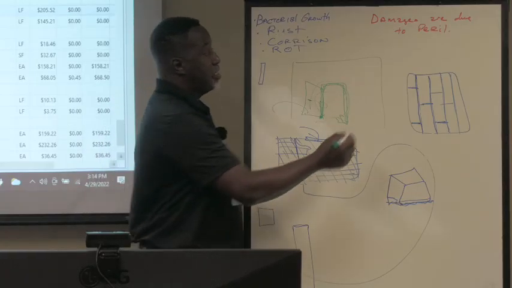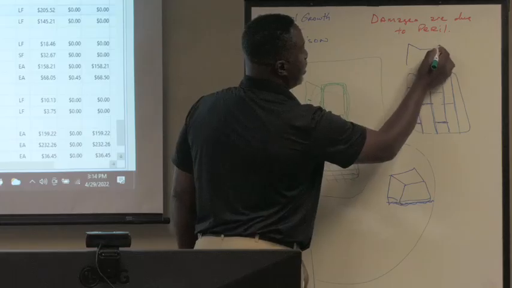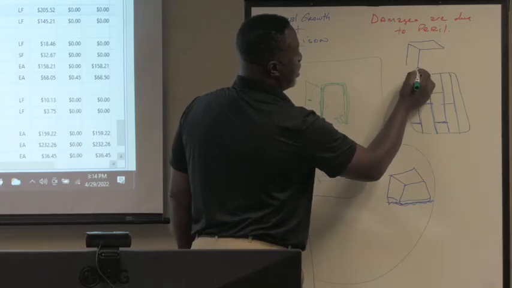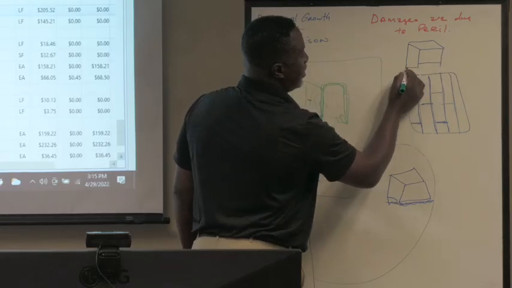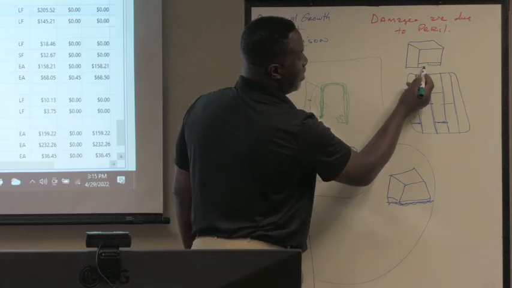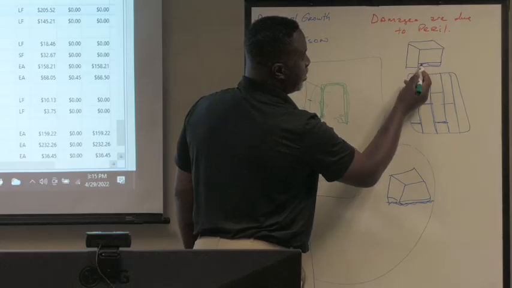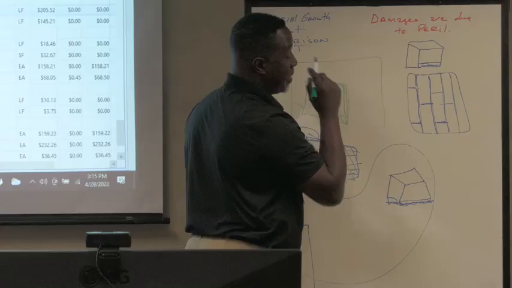Not so, because if I have a cabinet, right, that toe kick is only covering the front of that cabinet, right? So if that toe kick is damaged, the sides should be too.